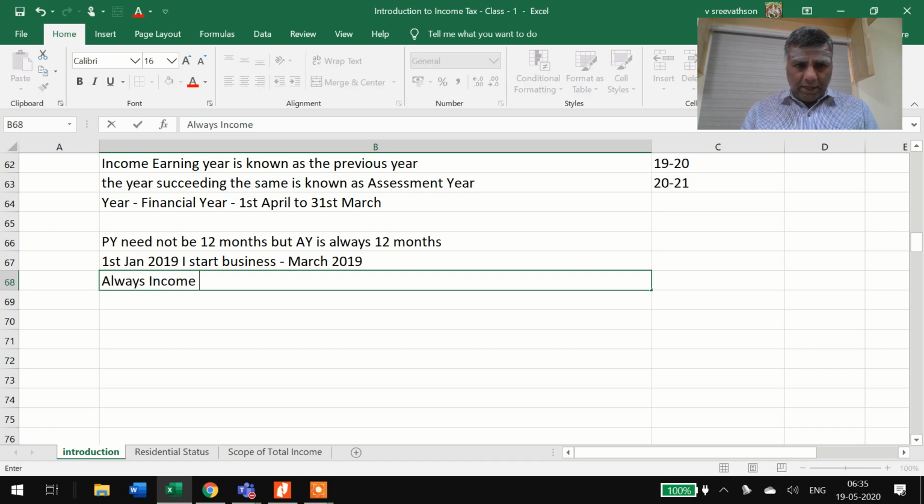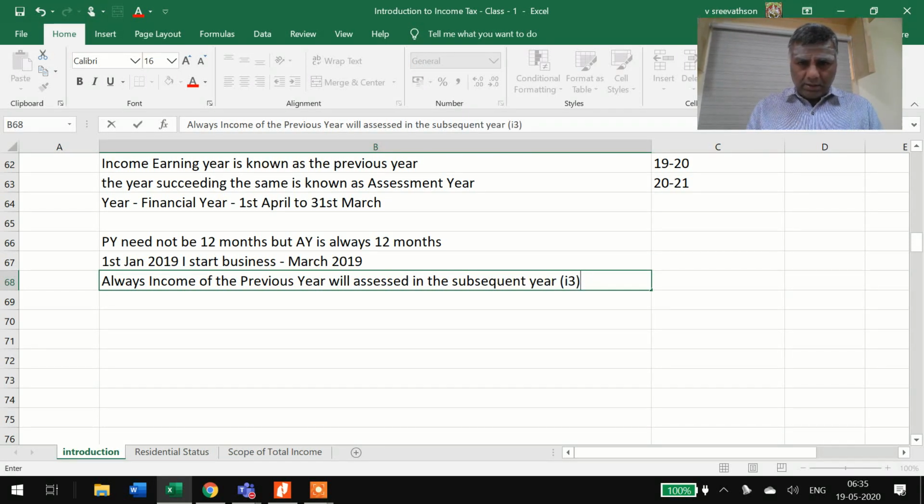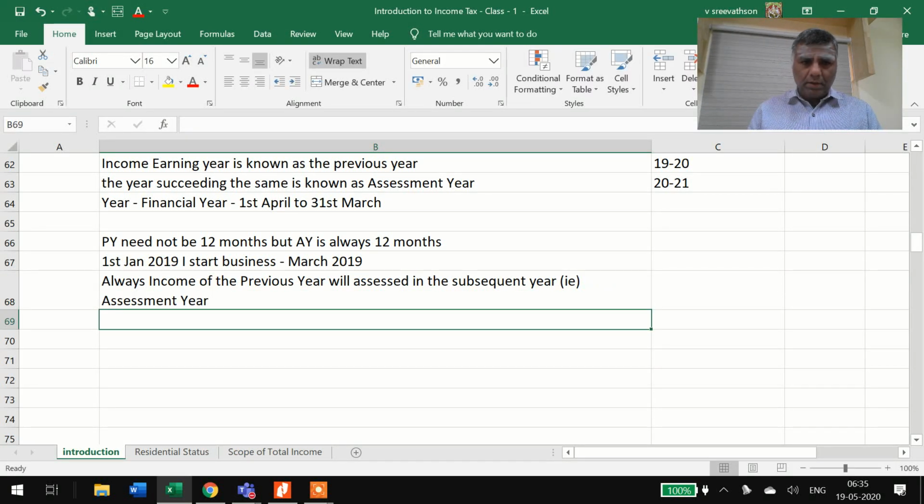Always, income of the previous year will be assessed in the subsequent year. Always income of one financial year will be assessed in the next year, which is popularly known as the assessment year.